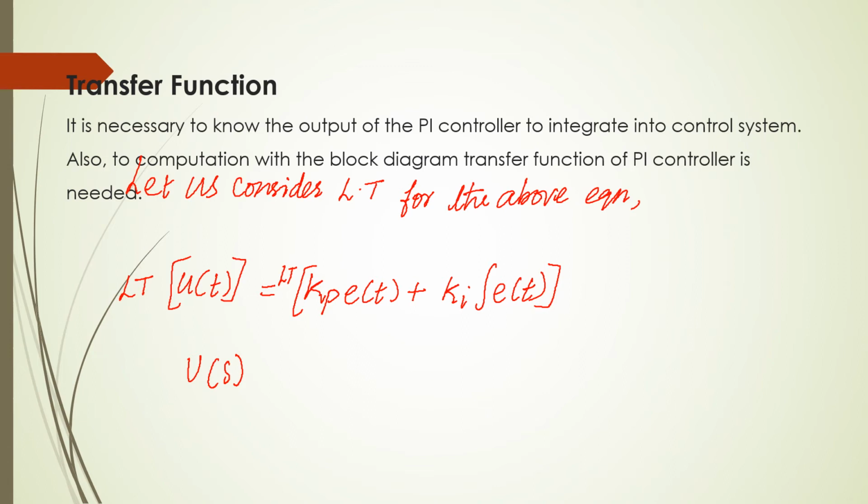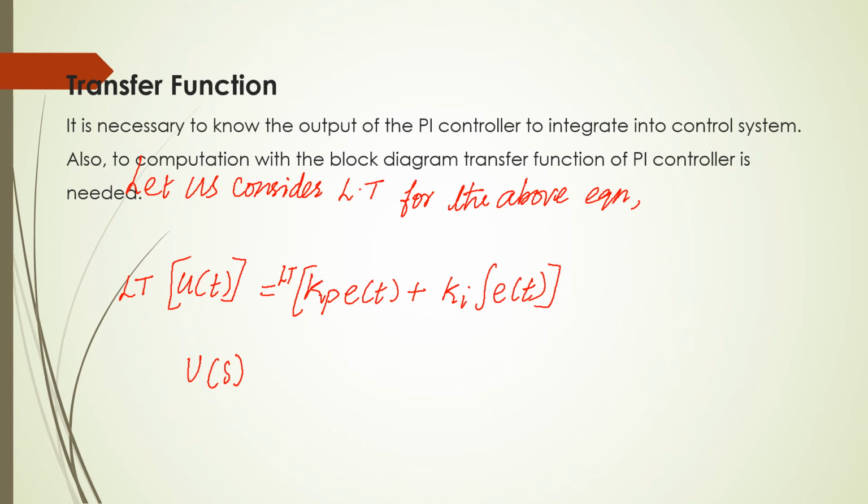When you take the Laplace transform of the above equation, the equation is expressed in terms of the time domain. When you apply the Laplace transform, it becomes the frequency domain.